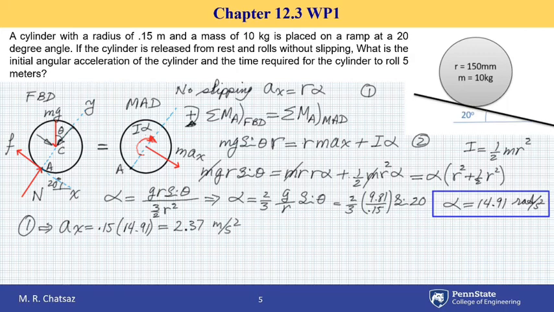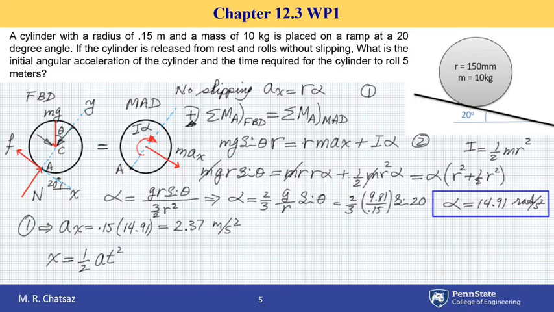So now at this point we can find the time required for the cylinder to travel 5 meters. If I consider the linear motion of mass center of the cylinder, x as a function of time equals 1/2 a t squared. Observe that the initial velocity is 0 since it is released from rest.